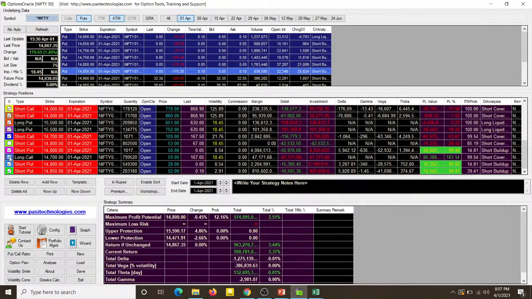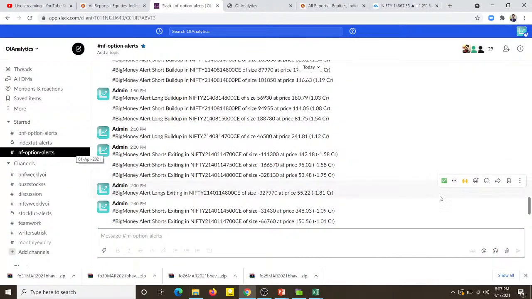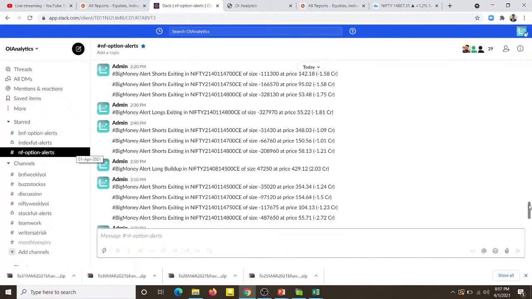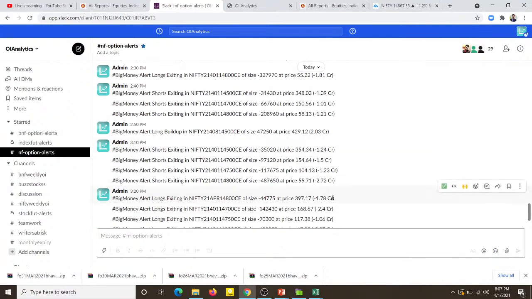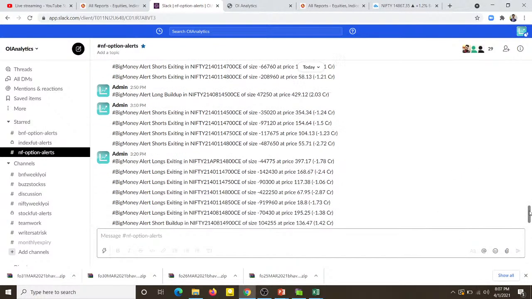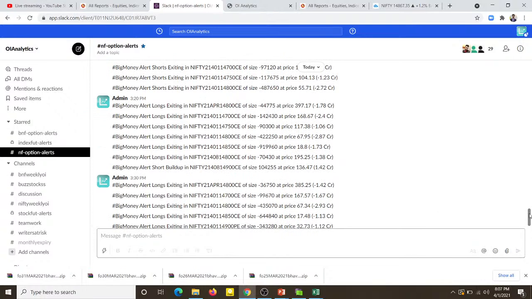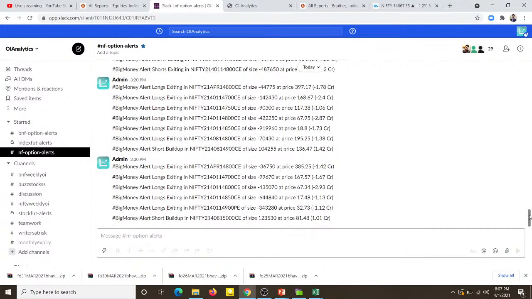If you take this out, even after taking this out, these positions are still ensuring 14,800 is protected, correct? So that is how it is. So after that, there are no significant positions, and 14,800 is, after it is taken out, there are no significant positions.